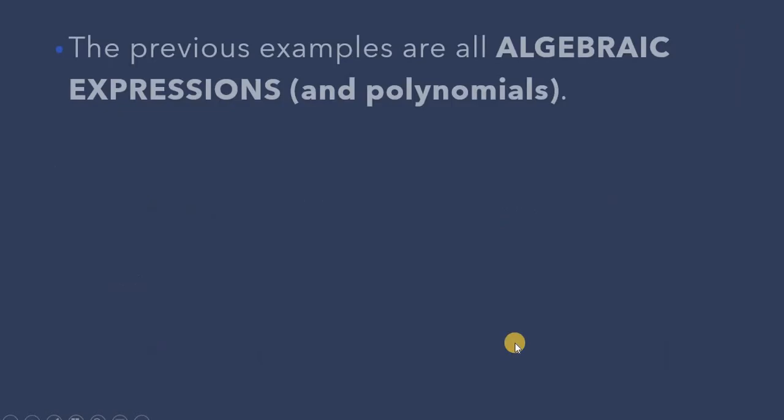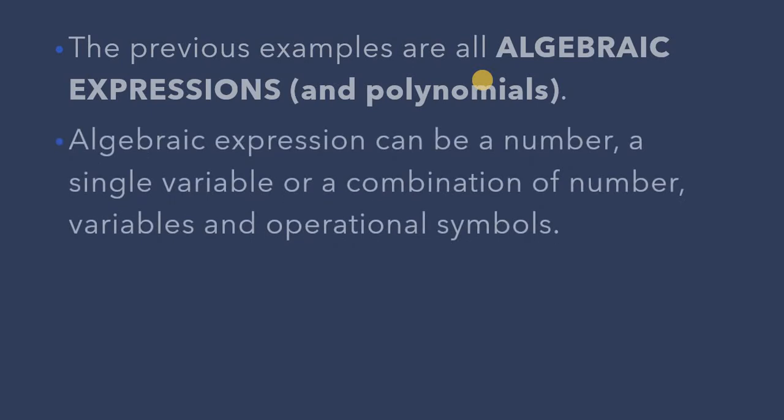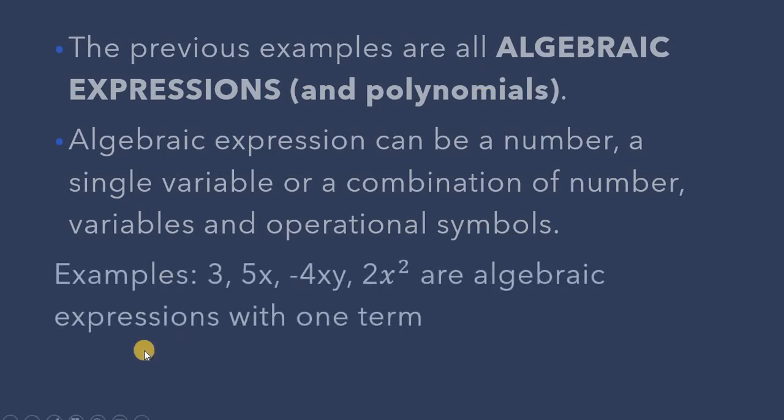Okay. Okay, so the previous examples are all algebraic expressions. And of course, polynomials. Lahat yung pinakita kanina ay polynomials din. So, algebraic expression can be a number, a single variable, or a combination of number, variables, and operational symbols. Examples.